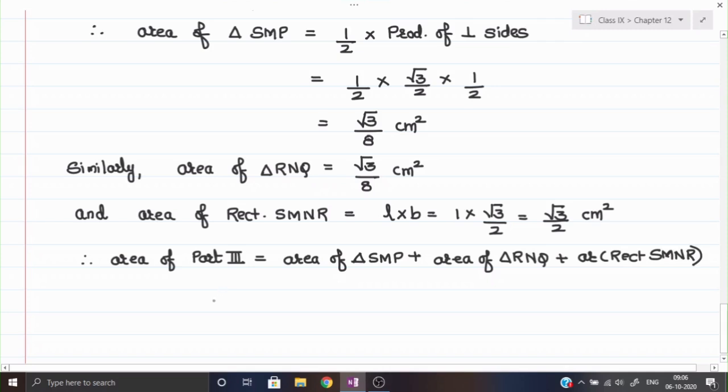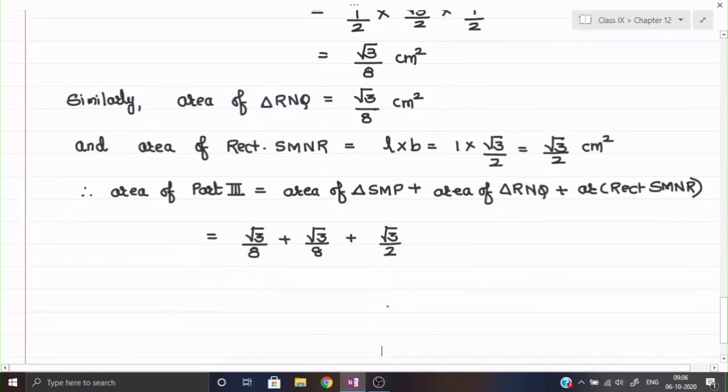So now further this will be root 3 upon 8 plus again root 3 upon 8 and plus root 3 upon 2. So now if I take the LCM, 8 will be the LCM here.